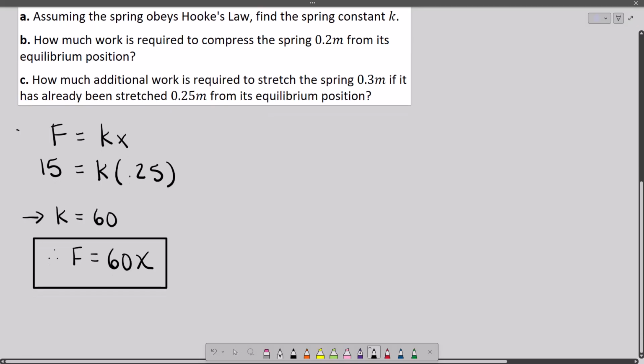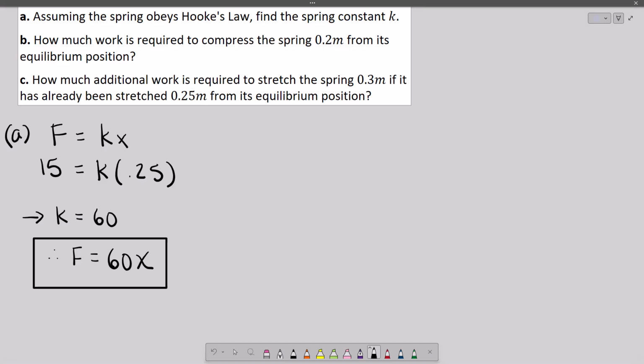That's part A. In part A, we needed to find the spring constant. The spring constant is 60. Part B: how much work is required to compress the spring 0.2 meters from its equilibrium position? So we're starting with the integral. The work is the integral of force. We're starting at equilibrium, and we're going to compress it 0.2 meters.